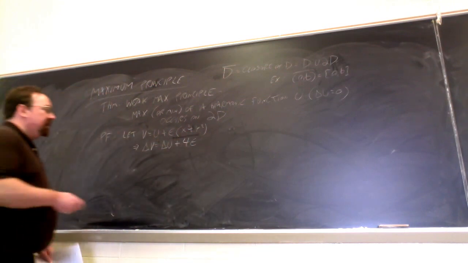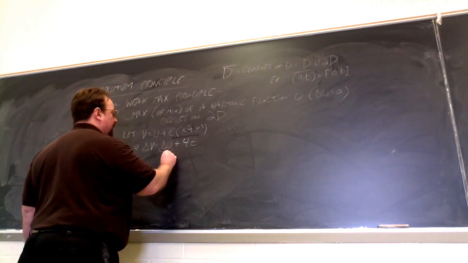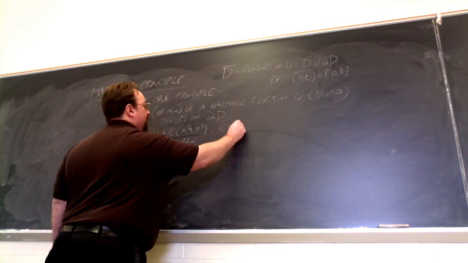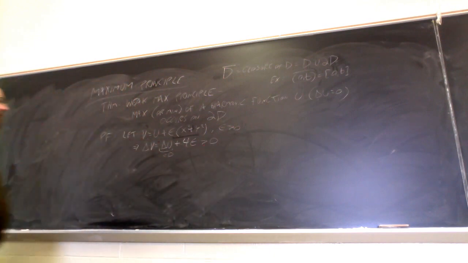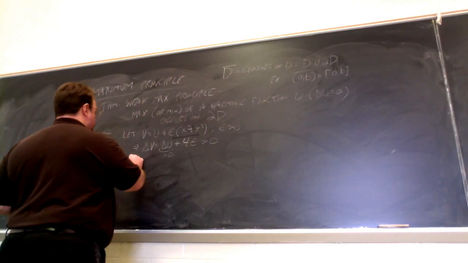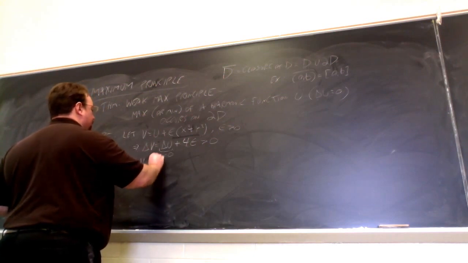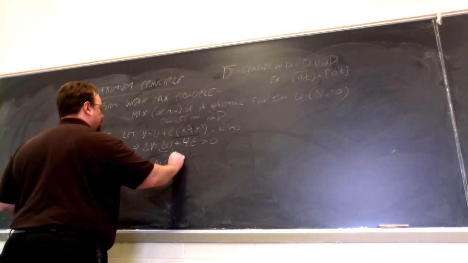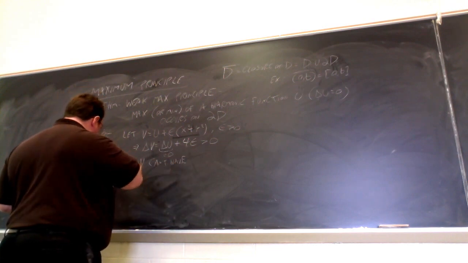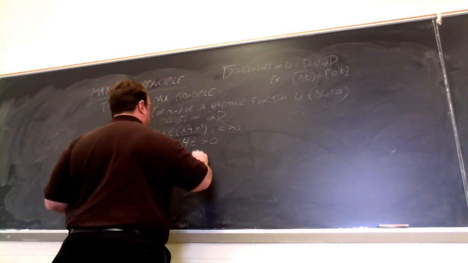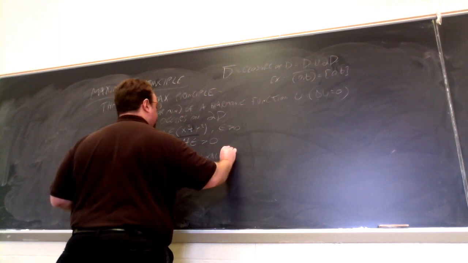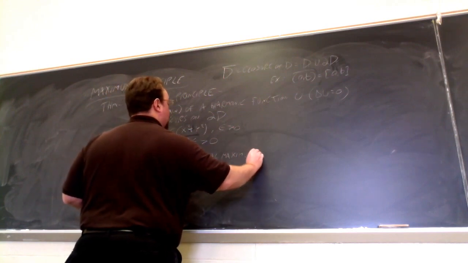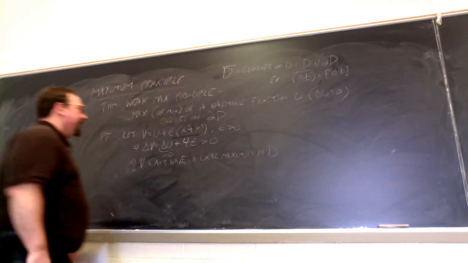Okay, and Laplacian of u is 0, and I'm assuming that epsilon is positive. Therefore, Laplacian of v is positive. Now, what that means is v cannot have a local maximum in the interior of a domain.